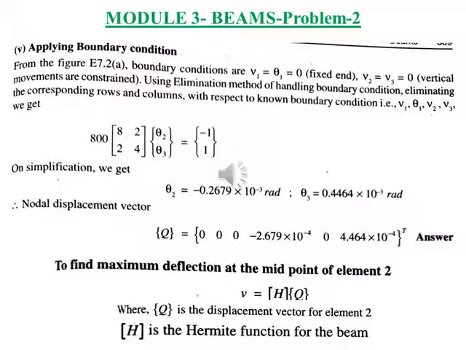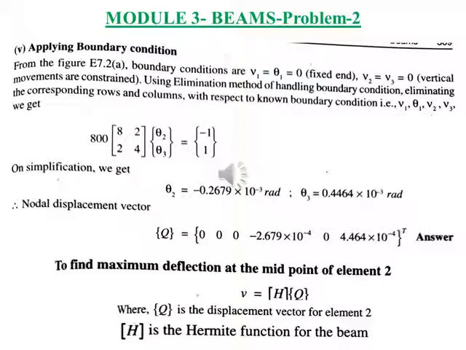So using the elimination method of handling the boundary condition and eliminating the corresponding rows and columns for mu1 theta 1, mu2 and mu3, we get the matrix reduced as 800 into 8 2 2 4 into theta 2 theta 3 is equal to minus 1 and 1.